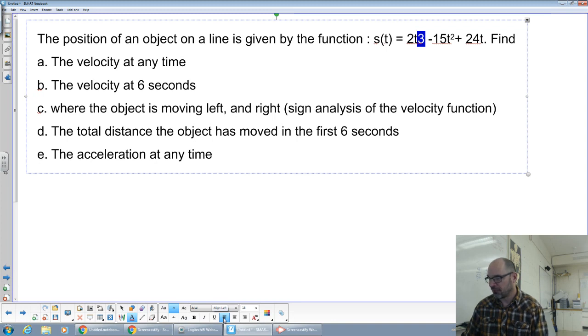Find the velocity at any time, the velocity at 6 seconds, where the object is moving left and right. So you have to do a sign analysis of the velocity function. And the total distance the object has moved in the first 6 seconds, and acceleration at any time. So a typical type question.